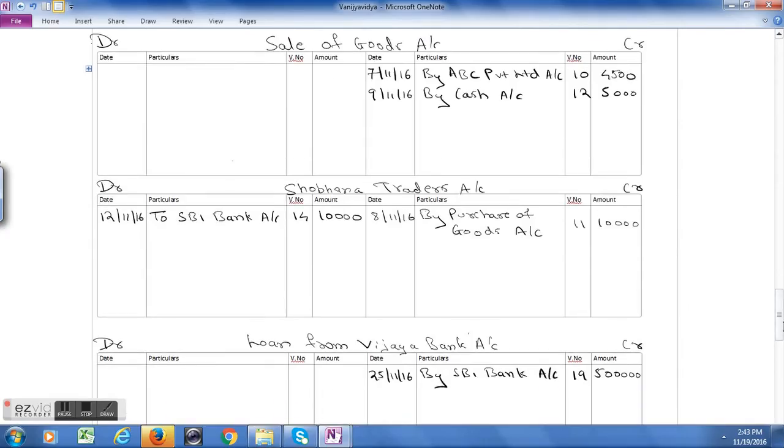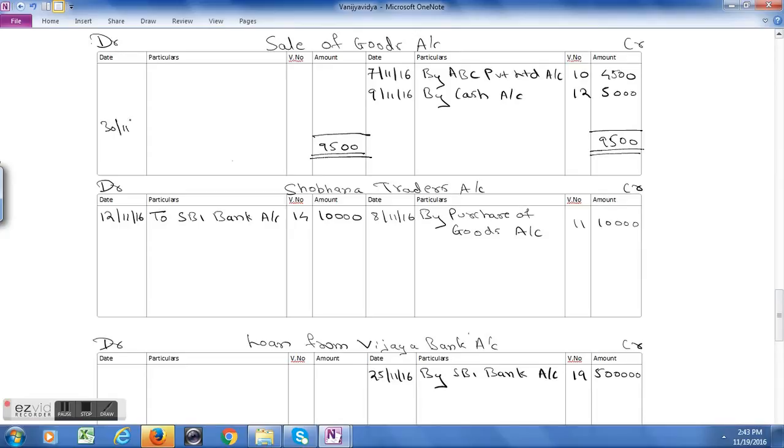Then let's go to the next account, sale of goods account. Amount on the credit side total is 9,500. Debit there are no transactions, so we'll take 9,500.